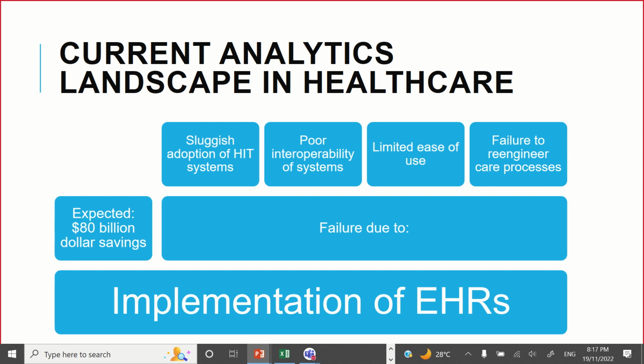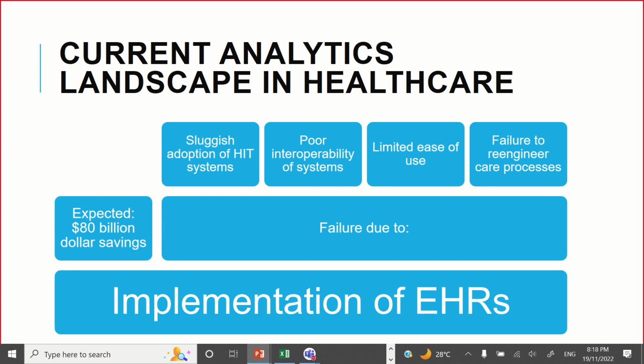In the implementation of electronic healthcare record, the expected business case that was put at the time was there's going to be $80 billion savings from implementing electronic healthcare records. The expectation was it's going to enhance the quality of care, the quality of communication, the transition of patient care elements, the availability of data in a timely manner.